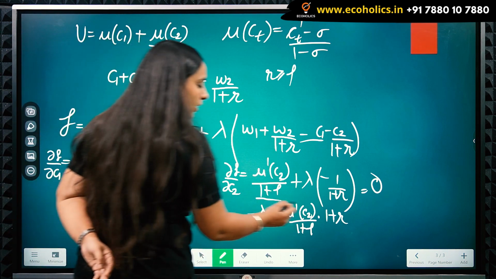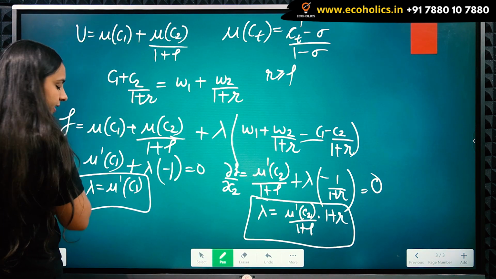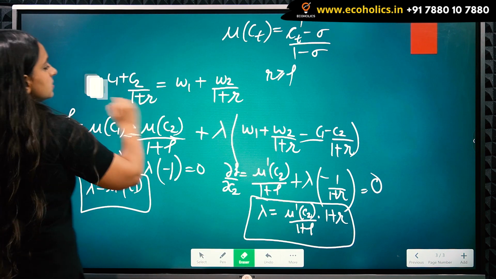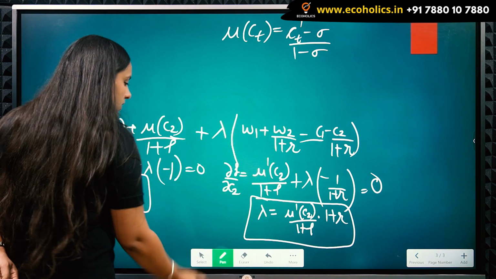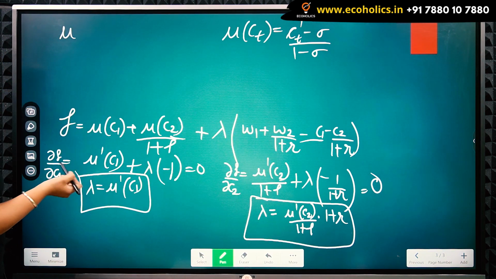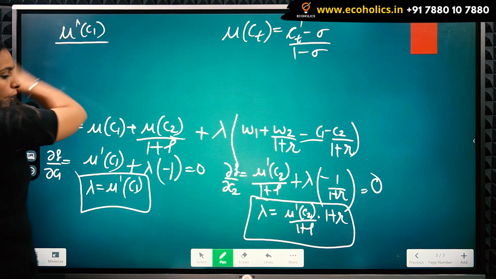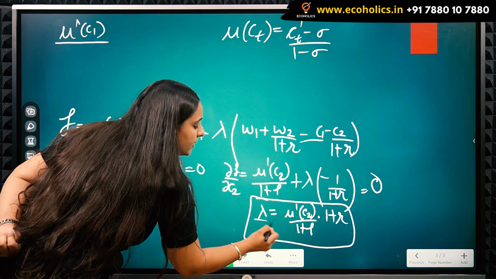So from this equation and from this equation, I would equate lambda. If I divide both of them, what do I get? I get U dash C1 upon, because I'm dividing, it's even better to keep 1 by R here.